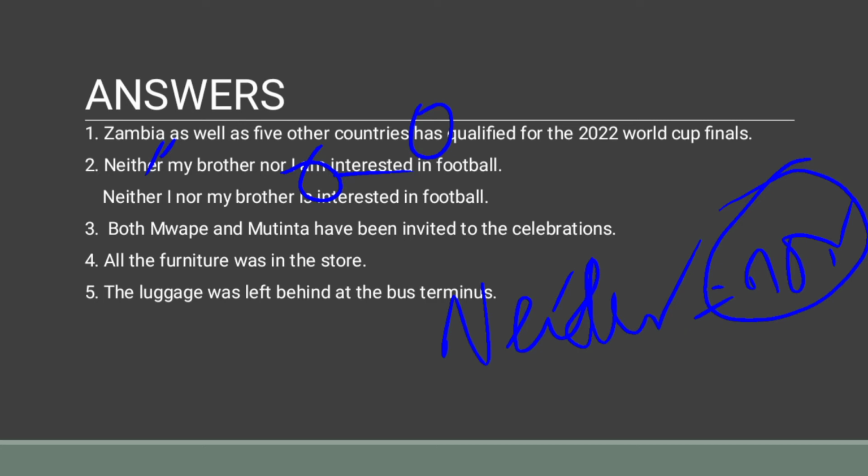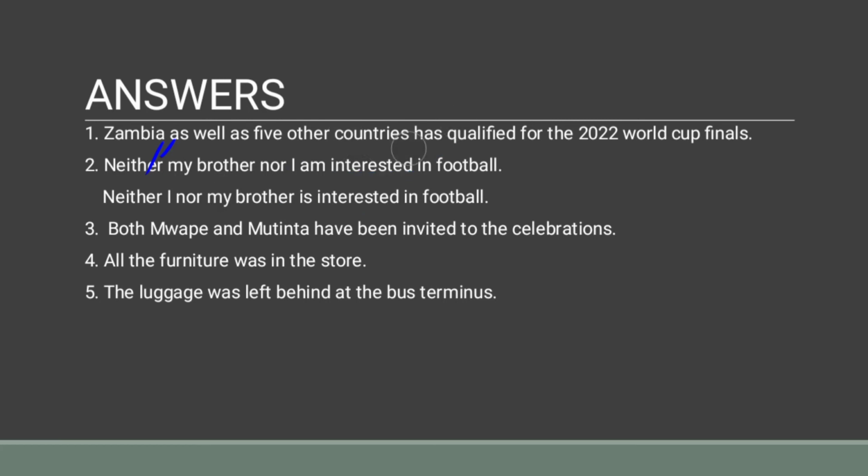But when you start with I, neither I nor my brother, now my brother is closest to the verb, so it will determine the agreement. So it will be: neither I nor my brother is interested in football. You see the difference there? When you start with the brother, you end with I, then you should use am. But when you use neither I nor my brother, is interested in football.